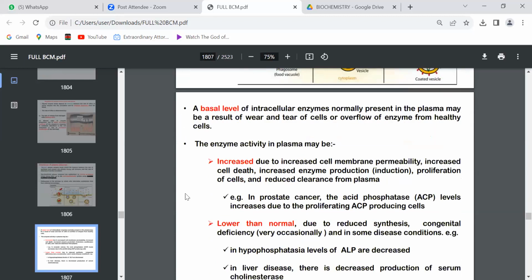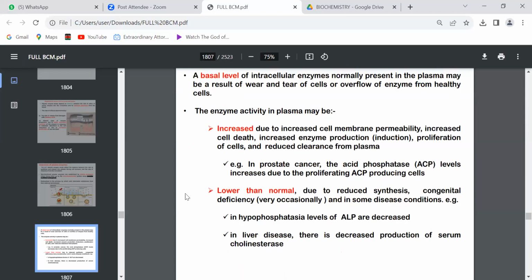But then again, the enzyme activity in plasma may be increased due to increased cell permeability, increased cell death, proliferation of the cells like in cancers, or reduced clearance from plasma. And then the concentration can also be lower than normal, maybe due to reduced synthesis.